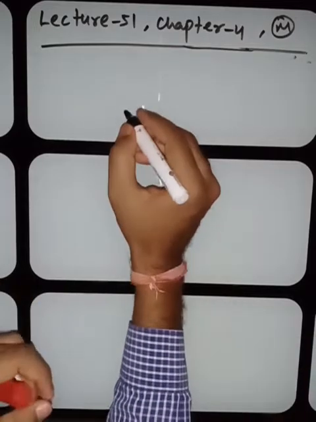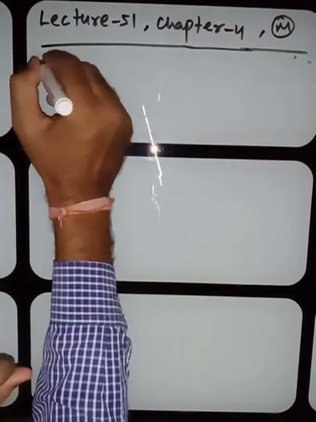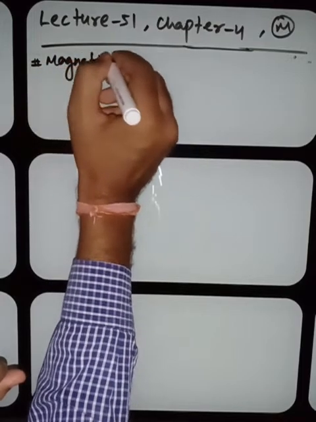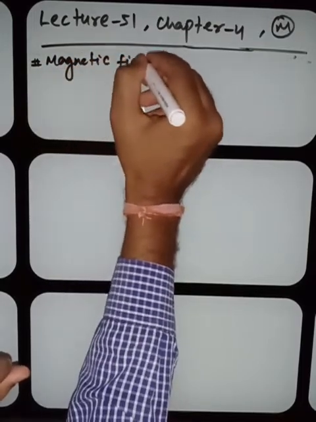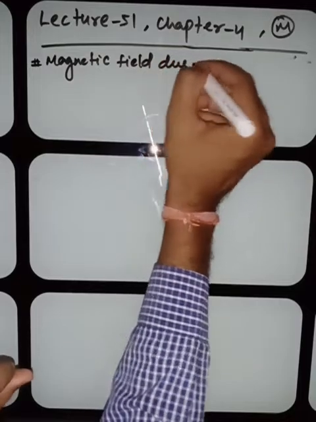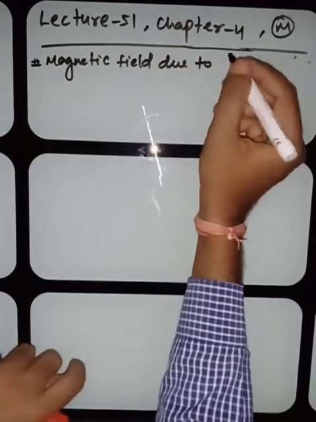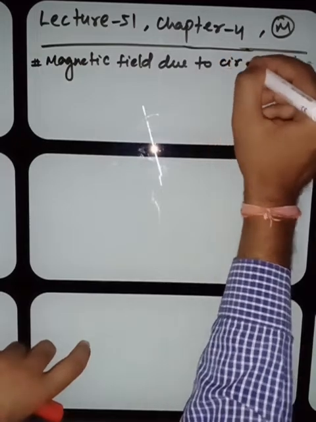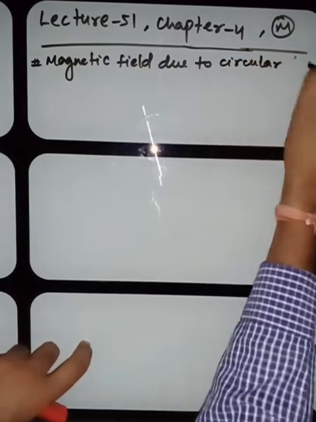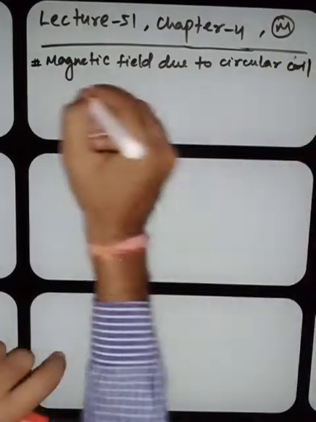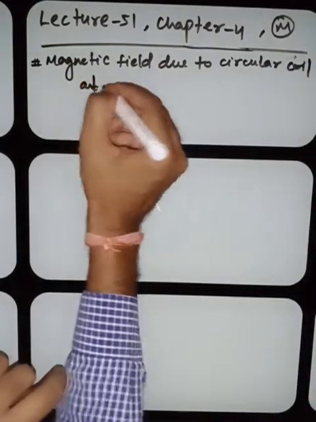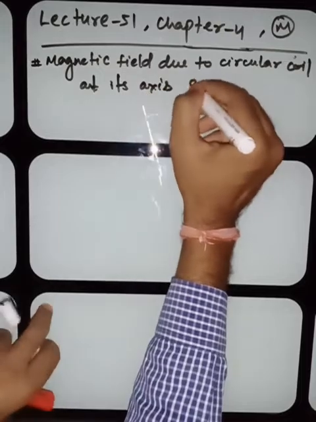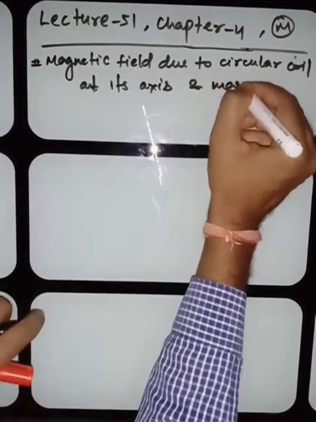The topic is magnetic field due to a circular coil at its axis, and magnetic dipole moment.